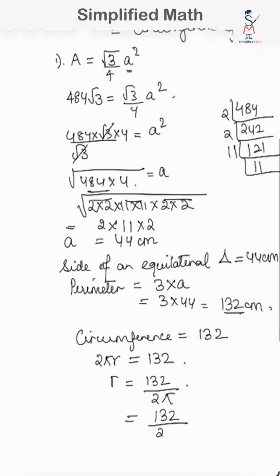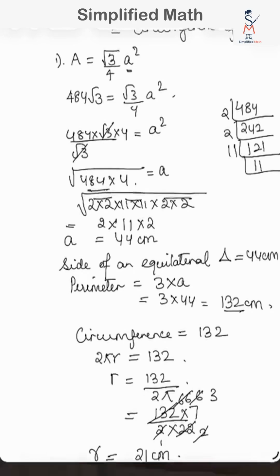The value of pi is 22 by 7, so 7 goes on the top. You can cancel this: 2 1s are 2, 6 2s are 12, 66, 2, 6, 3. So what is the value of r? r is 21 centimeter.